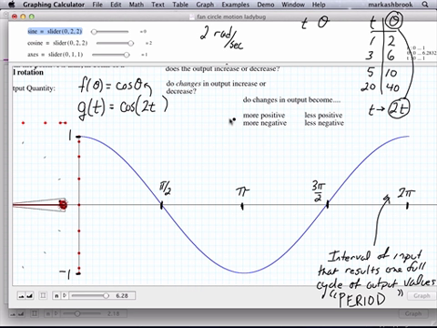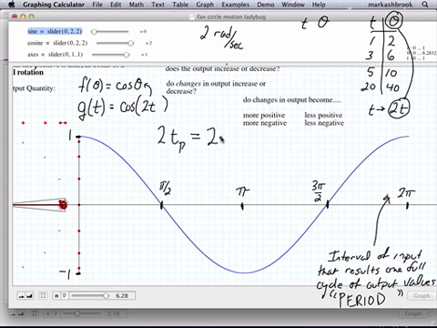Okay, so the period in terms of angle is 2 pi. So what if we want to know the period in terms of t? Well, what we're saying then is we want to pinpoint what exact time, call it t sub p. If 2t is the angle and we want a full cycle in terms of time, what's the full cycle in terms of angle? 2 pi, right?